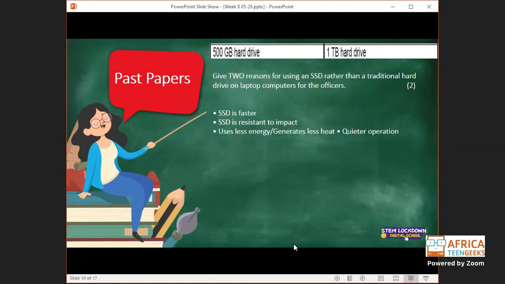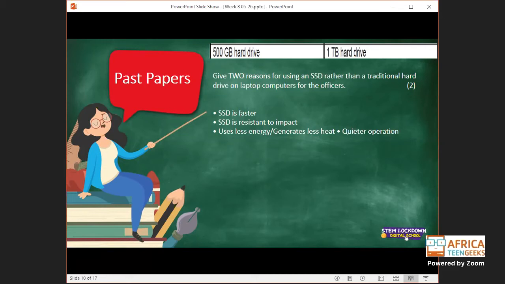Okay, so there's the question: give two reasons for using an SSD rather than a traditional hard drive in a laptop. Firstly, an SSD is faster. You'll always say in a practical or theoretical paper, if you want to say faster, you have to say why it is faster or what is faster.